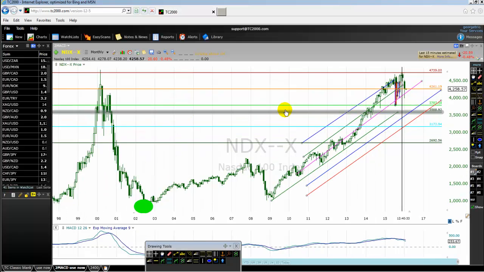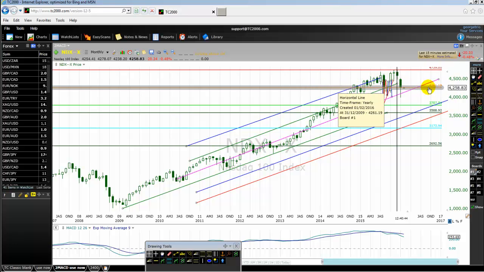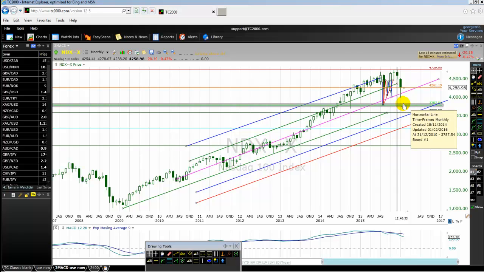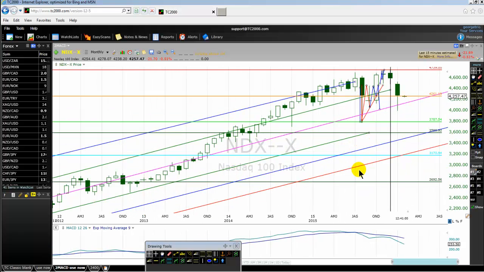So you can see here on my chart, I'm on the monthly chart now for the NASDAQ 100. The red line here is the high of 2015. The orange line is the median line of 2015. And the light green horizontal line is the low of 2015. The high of 2013 is somewhere near this level here, the dark green line.